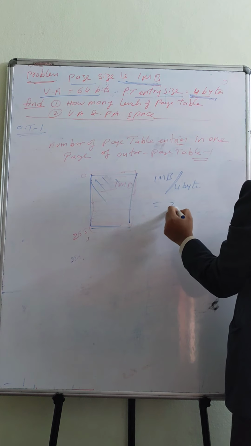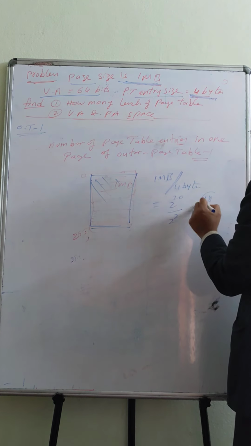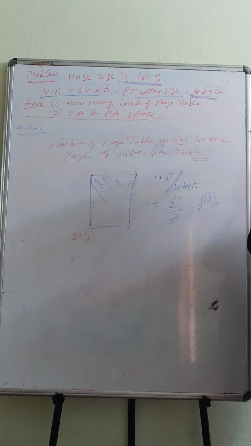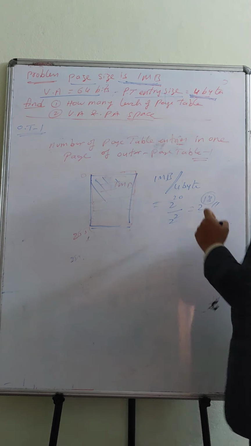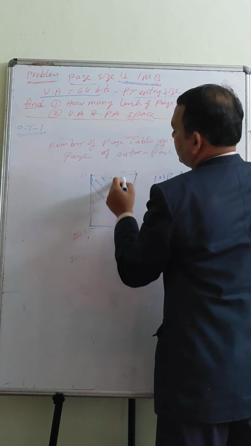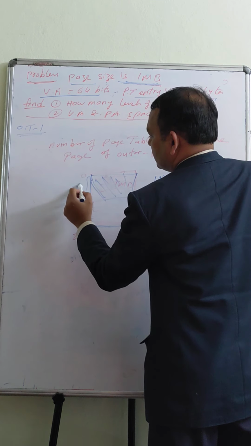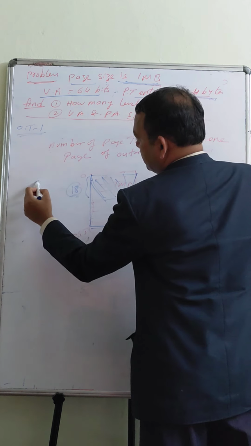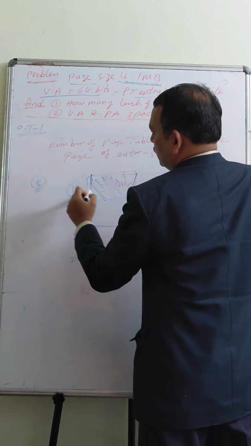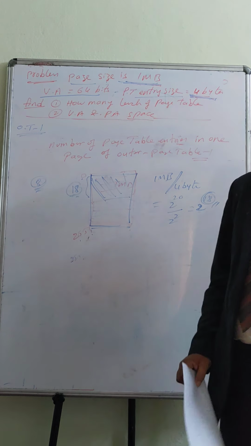If we divide 2 power 20 by 2 power 2, we get 2 power 18, so 18 bits are required. My dear friends, 18 bits are required to navigate in a single page. And 8 bits are required to go to pages 0 to 255.